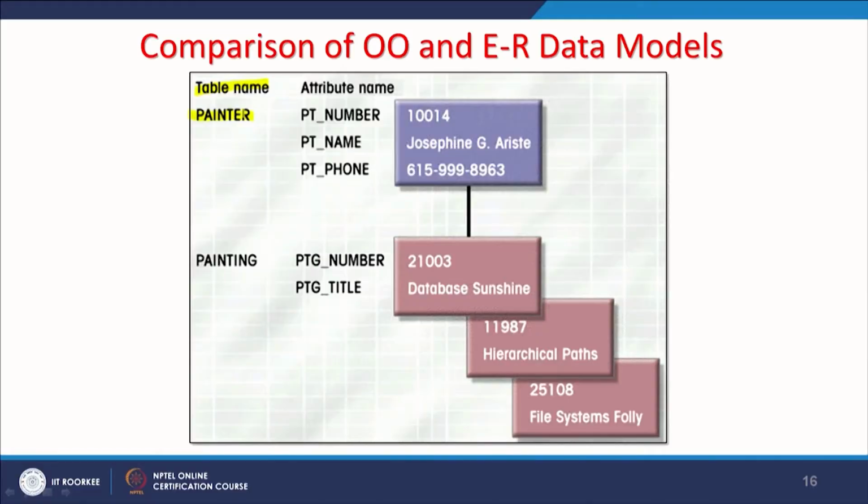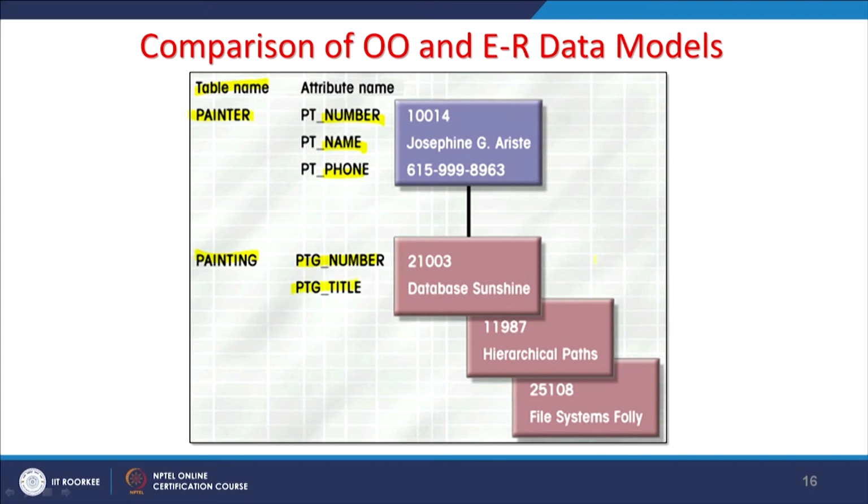Now, if we compare the previously discussed two database models, object oriented and entity relationship, what we find is, like in this table, we have a painter, with painter number, painter name, painter home, and painting, again painting number and painting title.